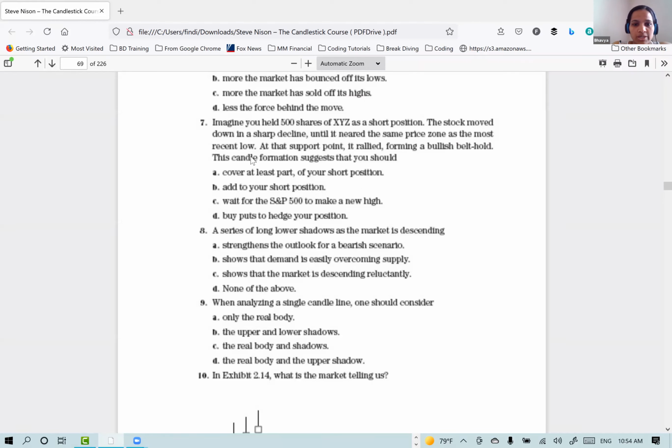At that support point, it rallied, forming a bullish belt hold. This candle formation suggests that you should cover at least part of your short position. Yeah, I'd say cover at least part of your short position. Good.